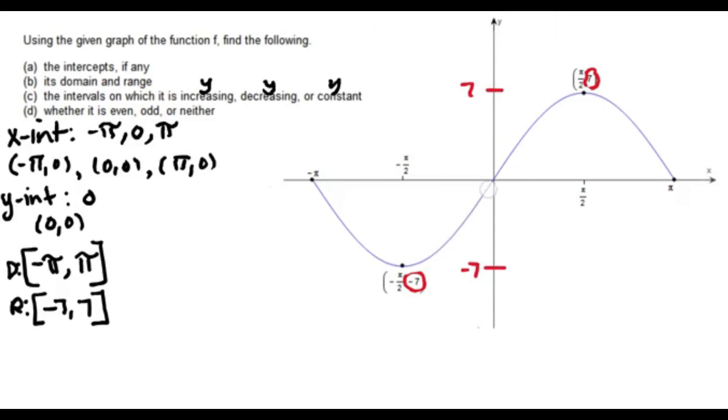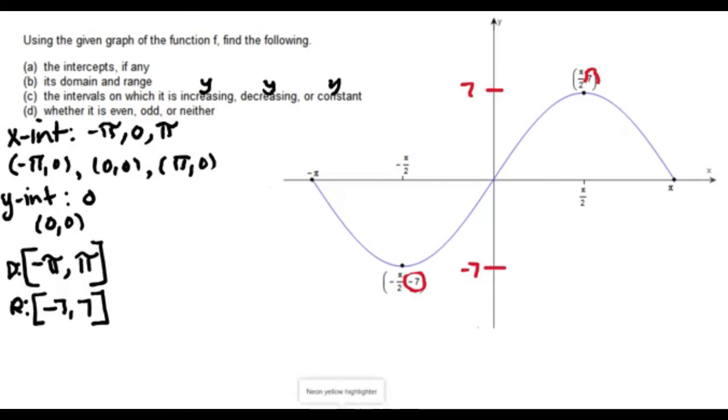And they continue to increase until we get to this point here. And then the y values are now decreasing.